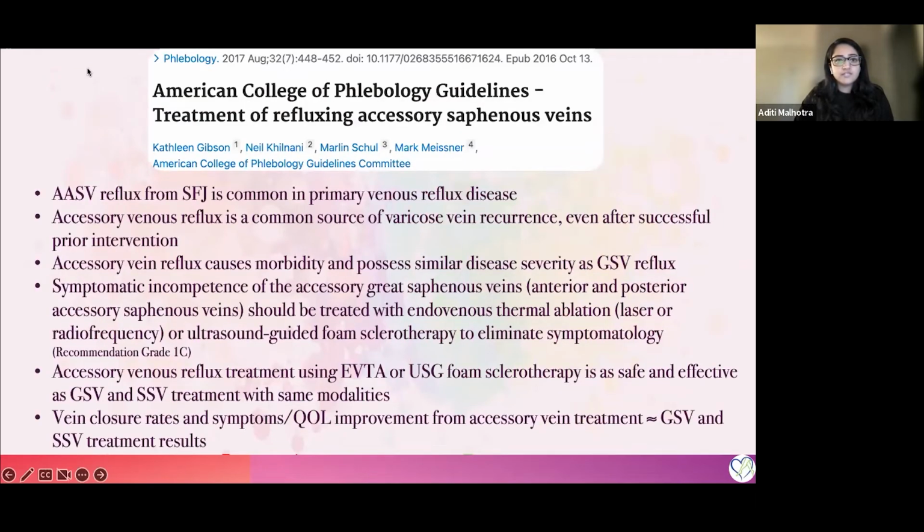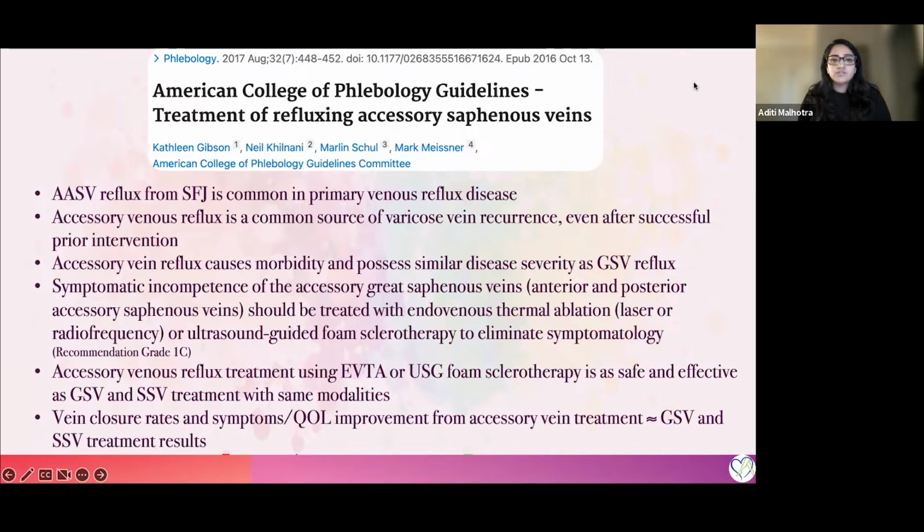In 2017, Dr. Gibson et al. had come up with these guidelines regarding the treatment of refluxing accessory vein disease. So I will just discuss this and then we will go into each treatment separately. So it was deemed that the AASV reflux from the SFJ is common and it is common in primary venous reflux disease.